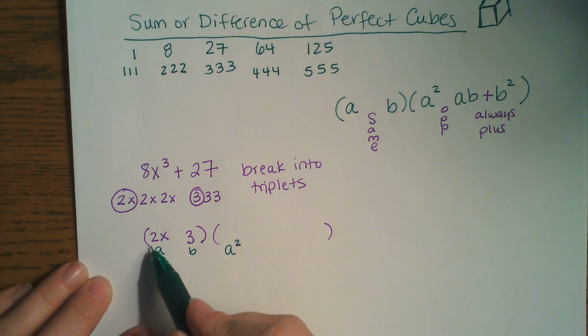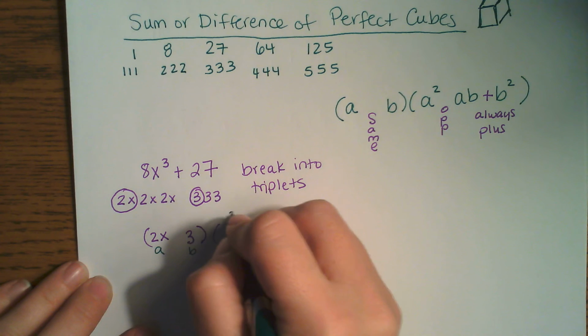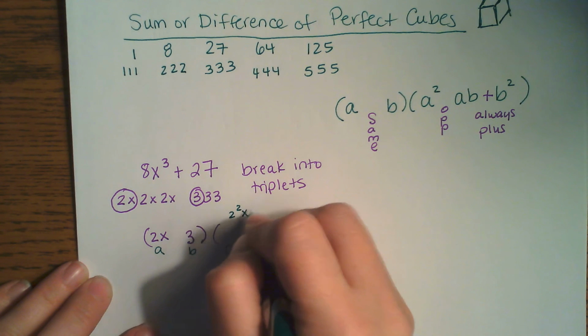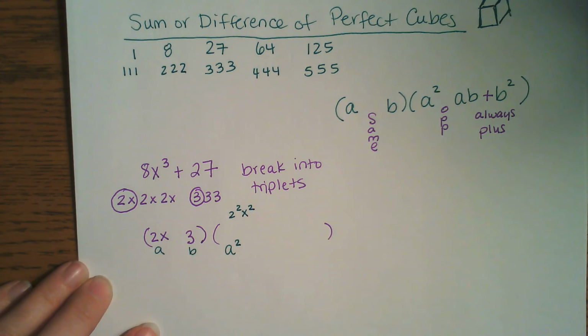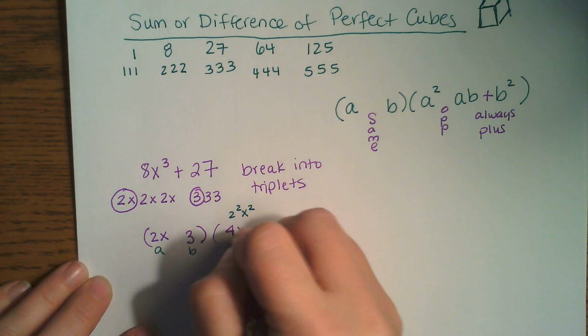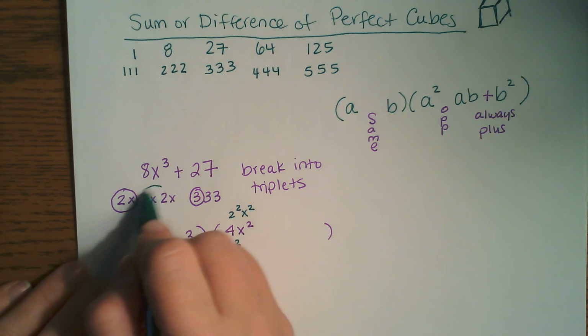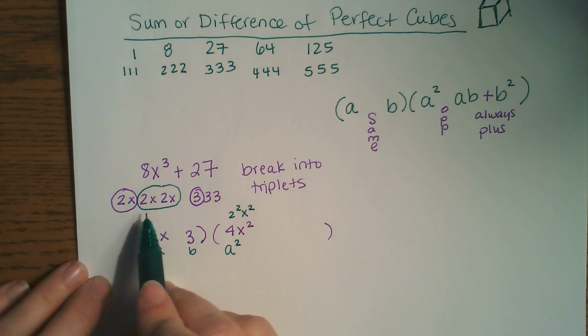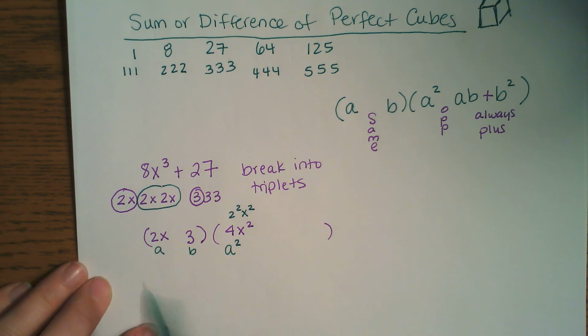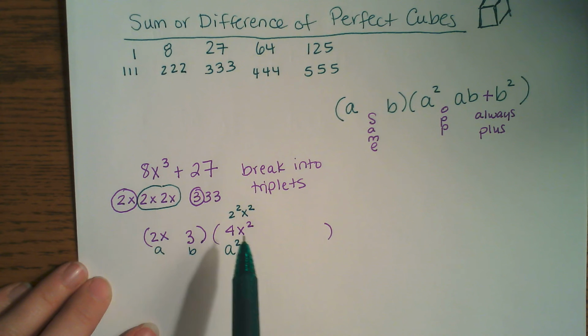You can either think about this as 2 squared and x squared, which would be 4x squared. You could also think about it as I'm going to take these remaining pieces and multiply them together. 2 times 2 is 4, x times x is x squared.